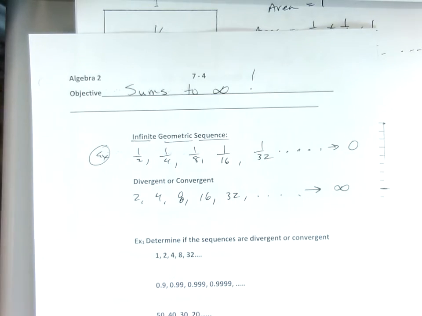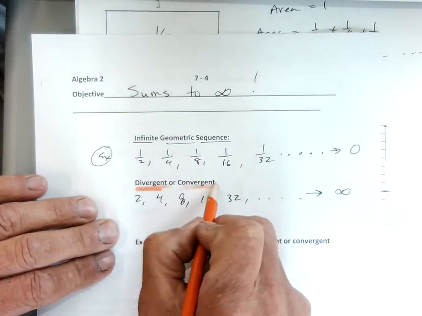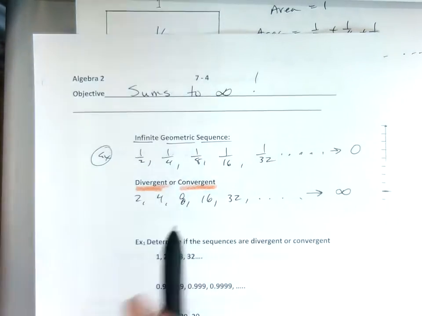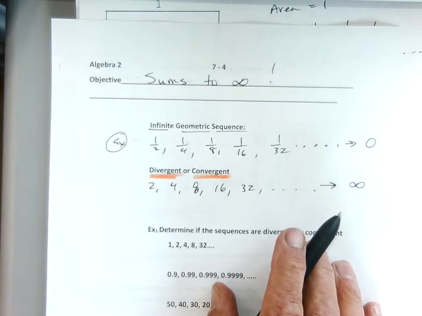Now, this word divergent and convergent, all right? Divergent and convergent. Converge, it's going to converge, which means it's going to go somewhere. So the word convergent means it's going to go to a number, to a value.